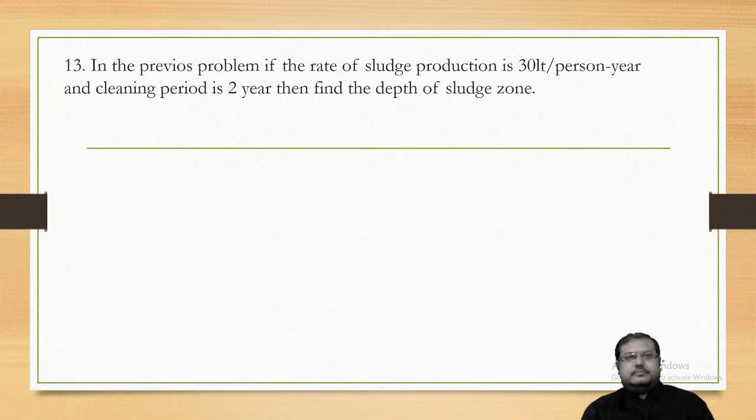Now, in the previous problem, if the rate of sludge production is 30 liter per person per year and the cleaning period is 2 years, find the depth of sludge zone. Depth of sludge zone means small h they are asking. So first we need to find the volume of the sludge zone.